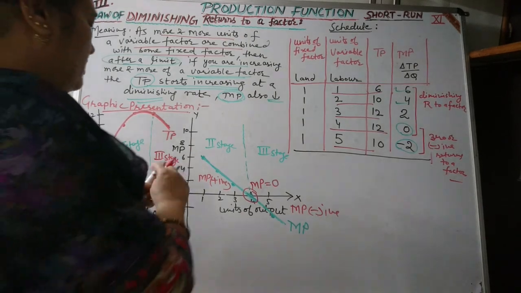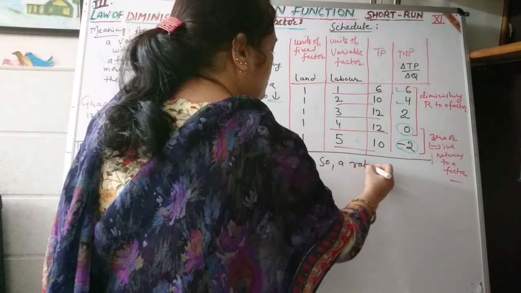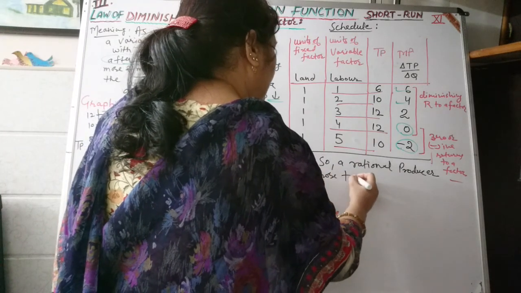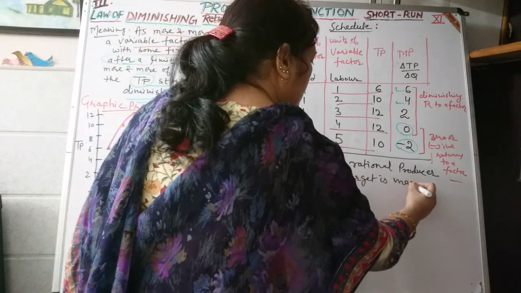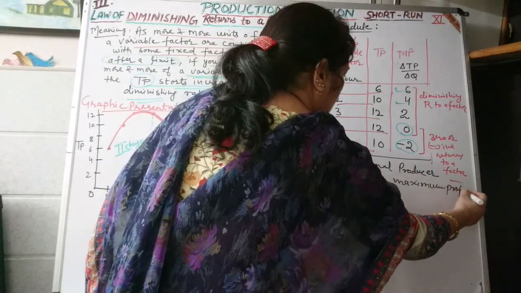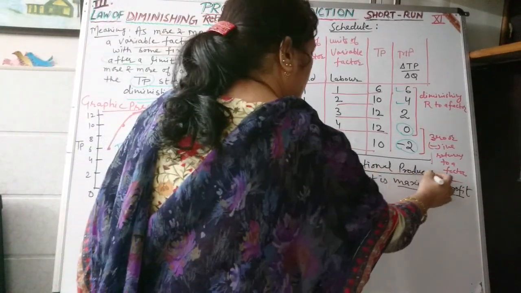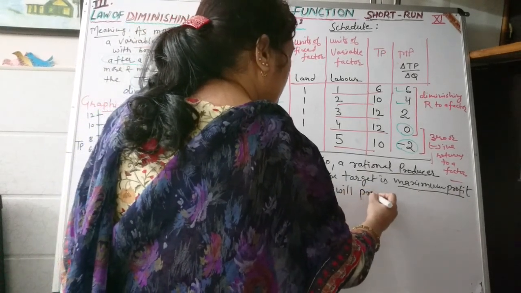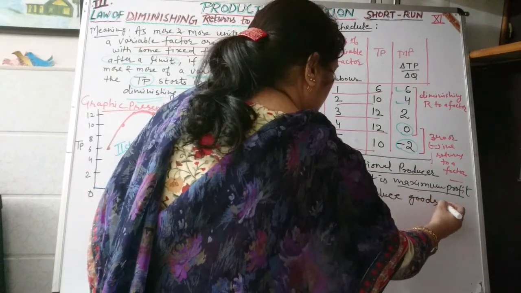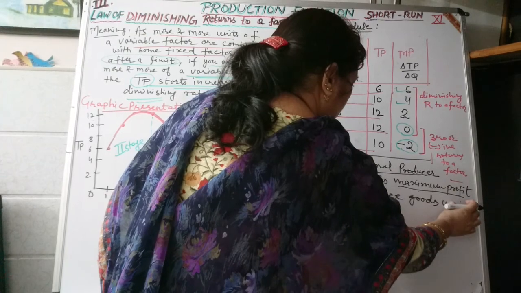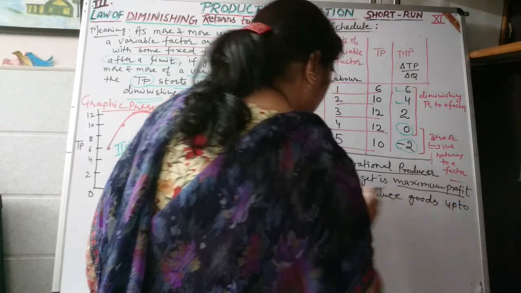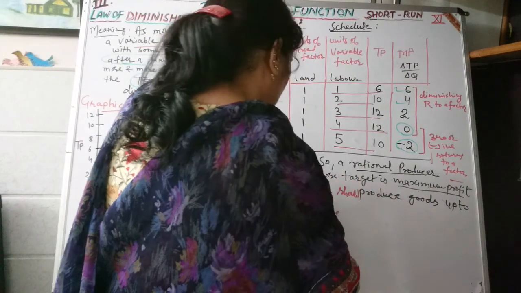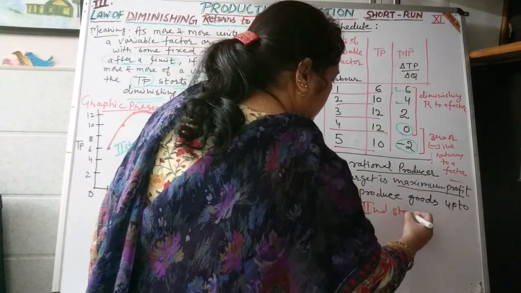So a rational producer whose target is maximization of profit, the main target of producer's equilibrium, should produce goods up to the second stage of production.